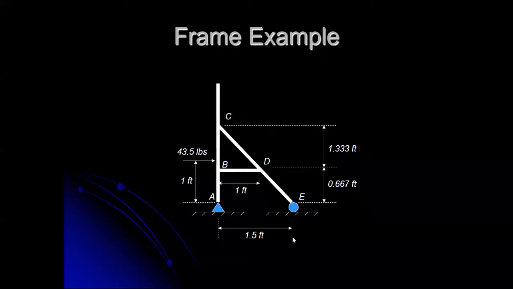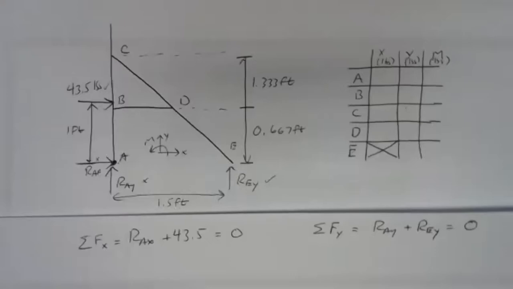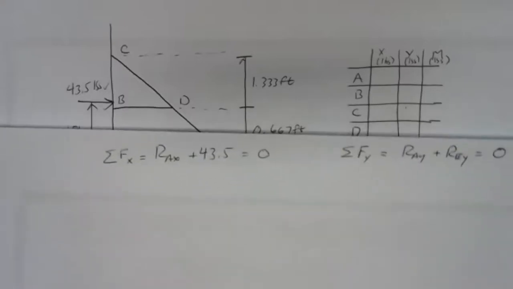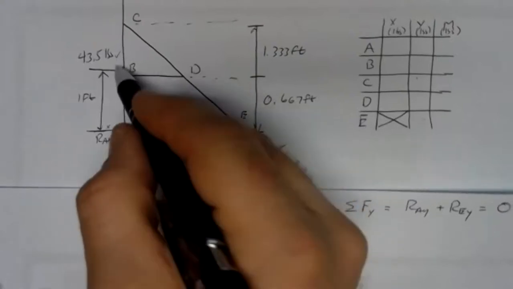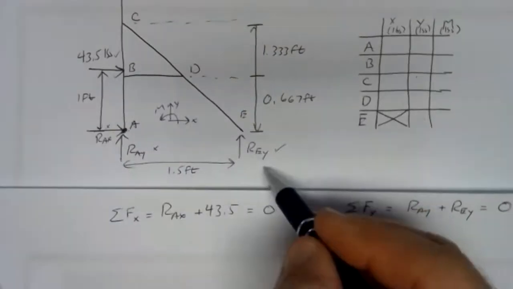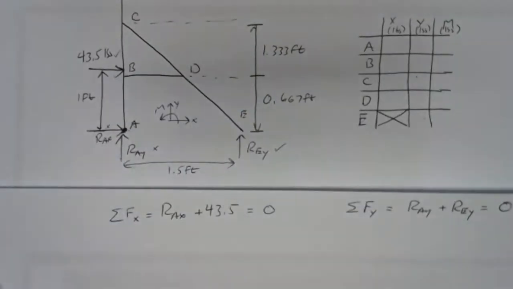That was 1.5 feet. So REY's arm is 1.5 feet. So our moment equation, we're going to have two terms, one from the 43.5 pounds and one from REY.